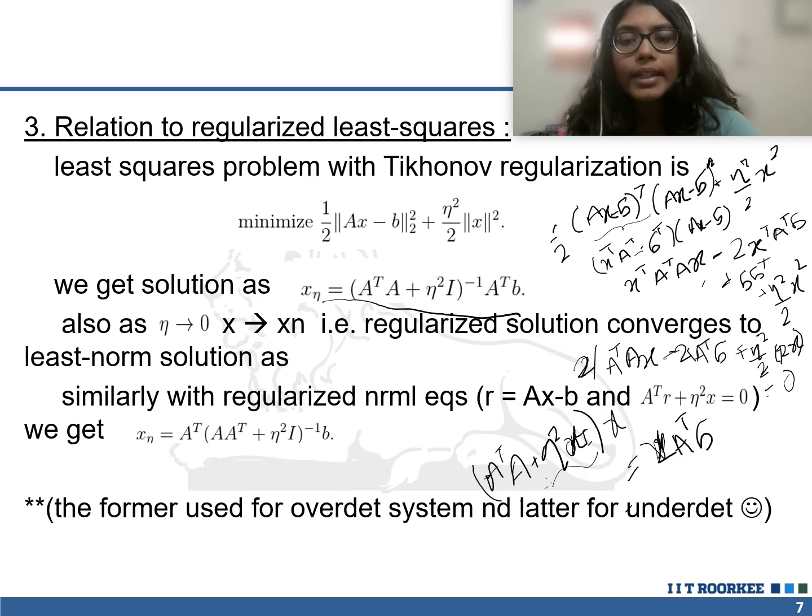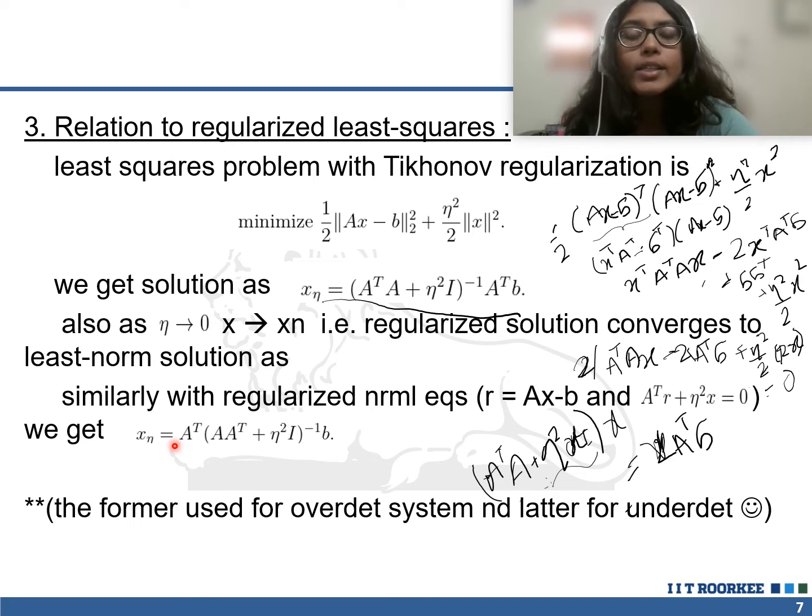Also, now observe what happens if η tends to 0. Then we get (A transpose A) whole inverse into A transpose b. We haven't discussed the overdetermined system of equations yet.